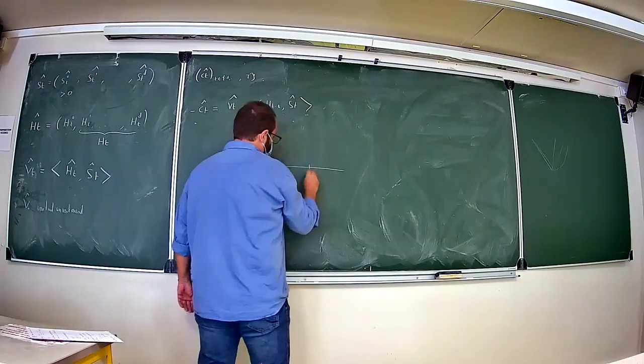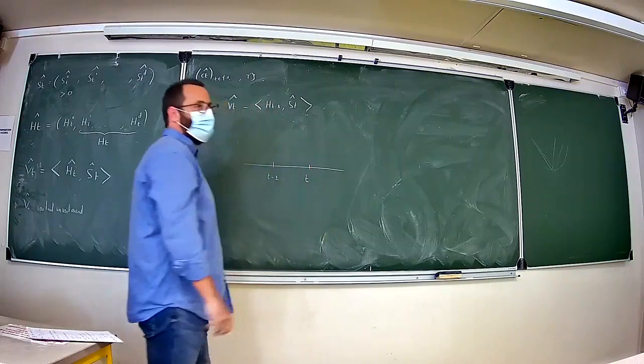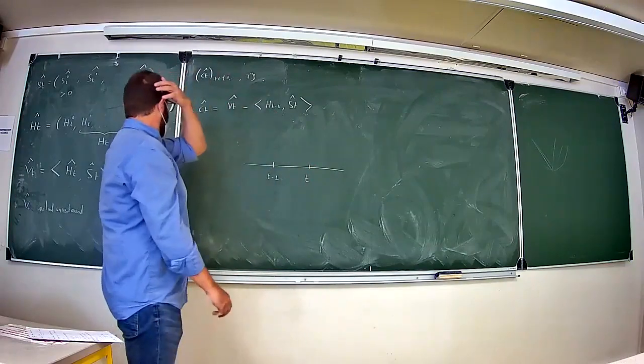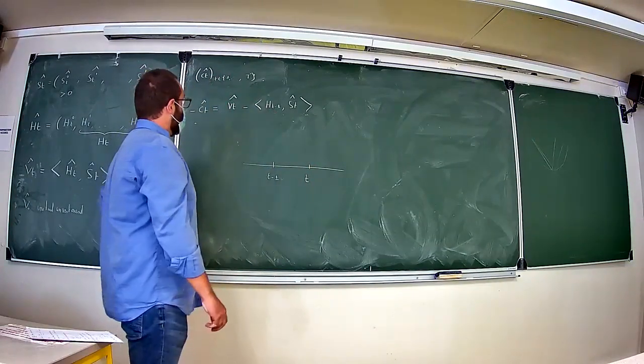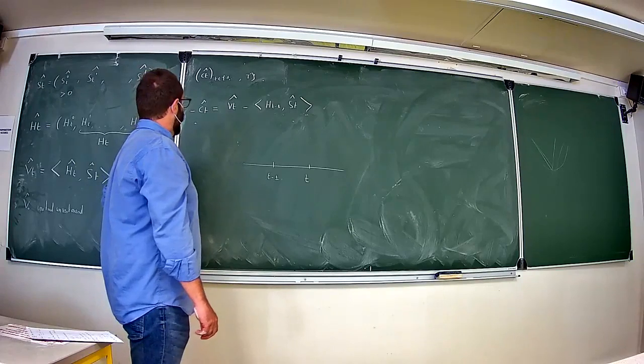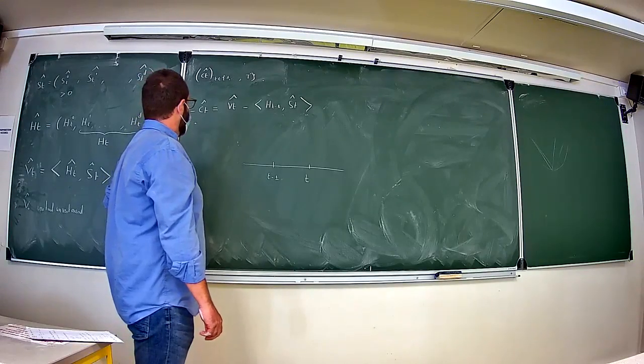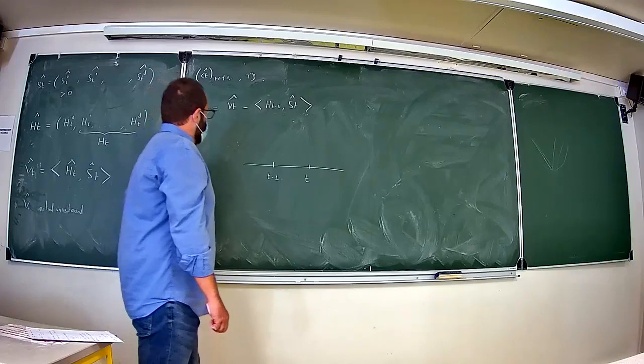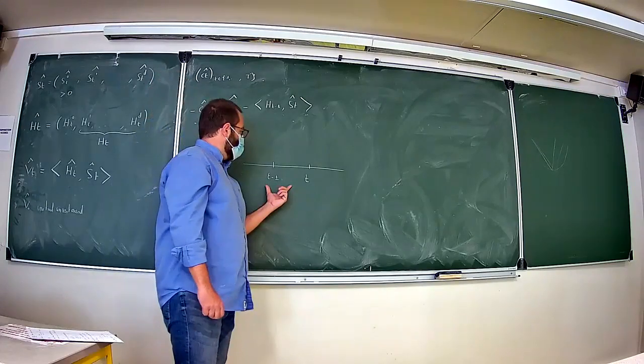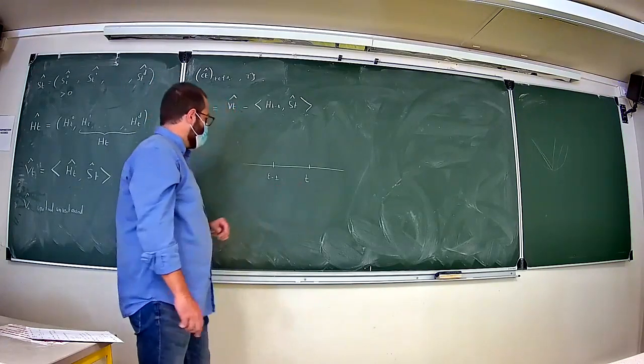I consider two consecutive instants, t minus 1 and t. You have t minus 1 and t here.